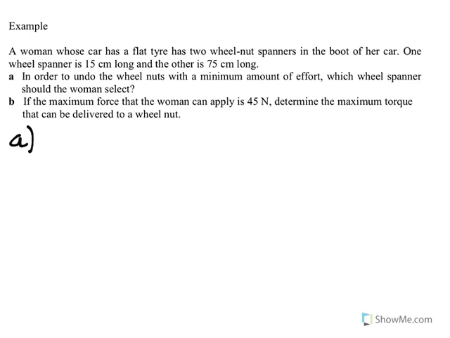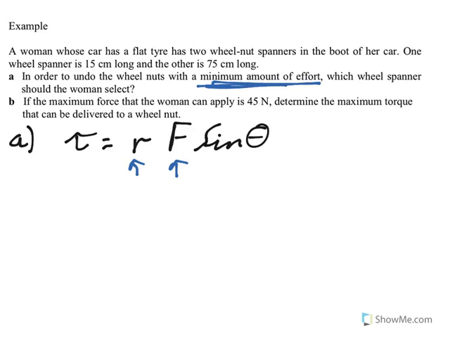So remember that torque is RF sine theta. In this particular case, we're really focusing on the radius and the force. If we're thinking about minimum amount of effort, the effort is the amount of force we have to apply, and the wheel nuts will require the same amount of torque.